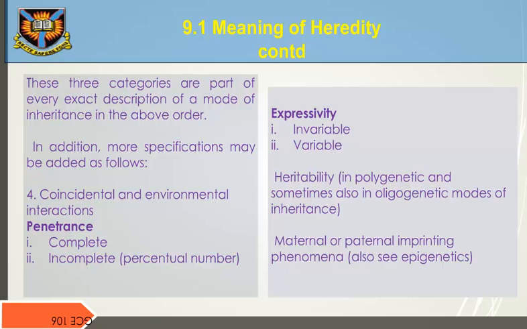Coincidental and environmental interactions. Penetrance: 1. Complete. 2. Incomplete. Expressivity: 1. Invariable. 2. Variable. Heritability in polygenetic and sometimes also in oligogenetic modes of inheritance. Maternal or paternal imprinting phenomena.